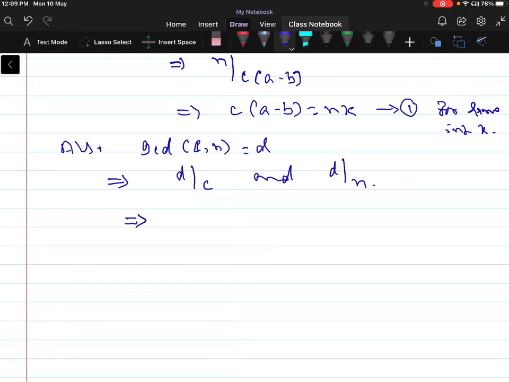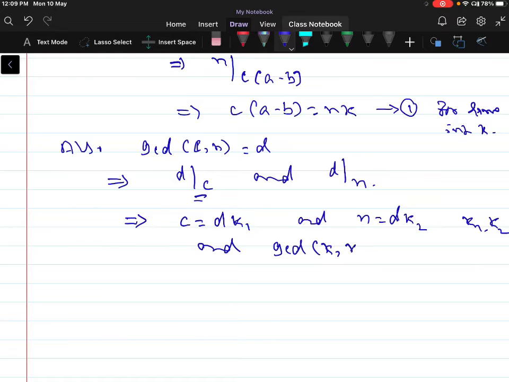This implies C can be written as C is equal to D into K1 and N can be written as D into K2, for some integers K1, K2. And let us take the condition GCD of K1 comma K2 is equal to 1. It means K1 and K2 are relatively prime numbers.